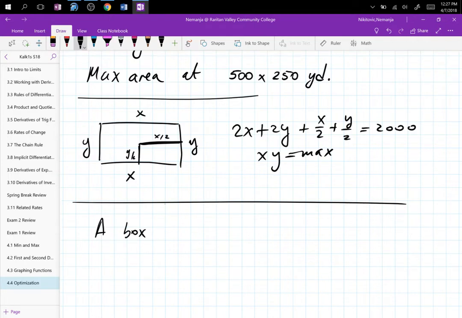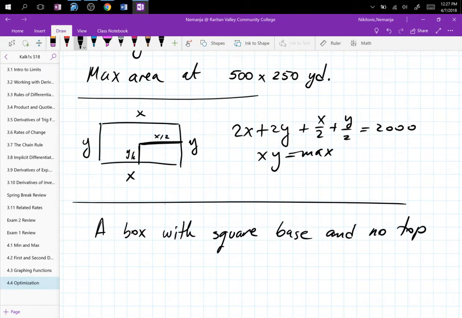A box with square base and no top is to have volume of, and then we pick a number, I don't know, 64 feet cubed, whatever.